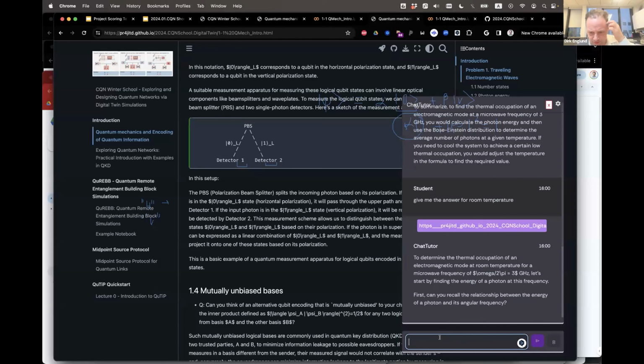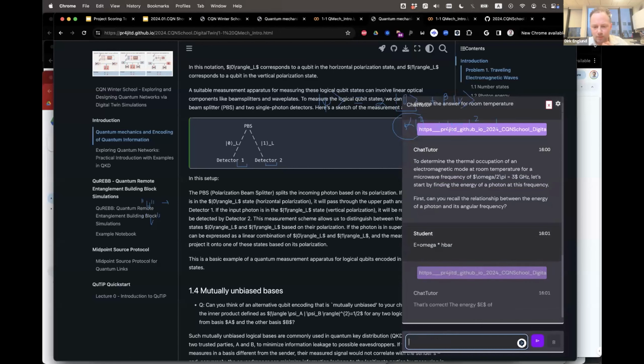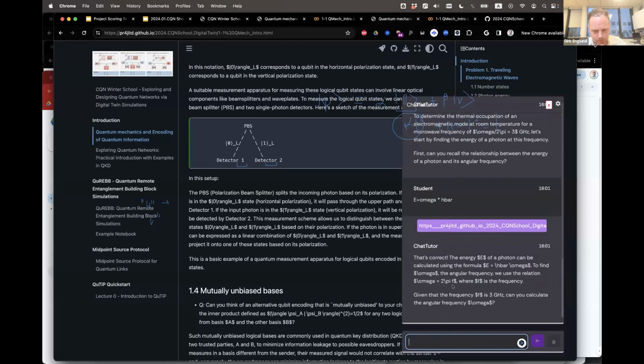So first, can you recall the relationship between the energy of the photon and its angular frequency? Okay, so E equals omega times h bar, right? Now it's asking, given that the frequency is 3 gigahertz, can we calculate the angular frequency omega?